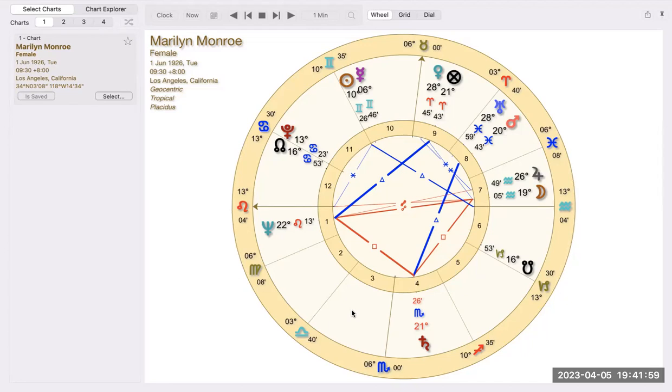Yeah. And with Mars being there, because with Mars I get quick movement, action, could we say that experience came about quickly, that it was abrupt, that it was sudden? Yeah, probably.